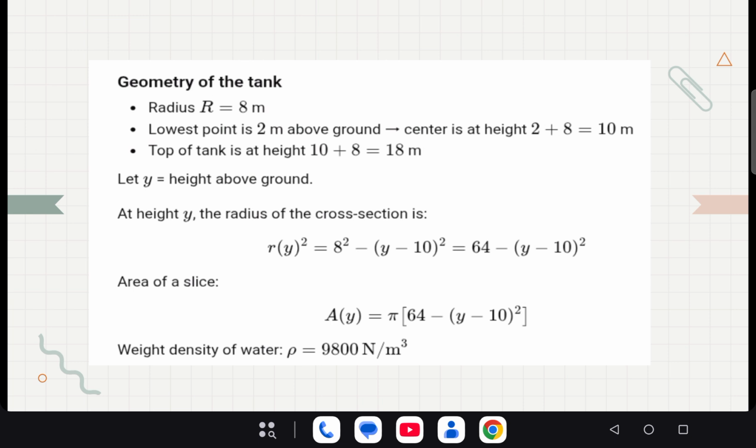The area of a slice is A of y equals pi times the bracket 64 minus the quantity y minus 10 squared. The weight density of the water is rho equals 9,800 N per cubic meter.